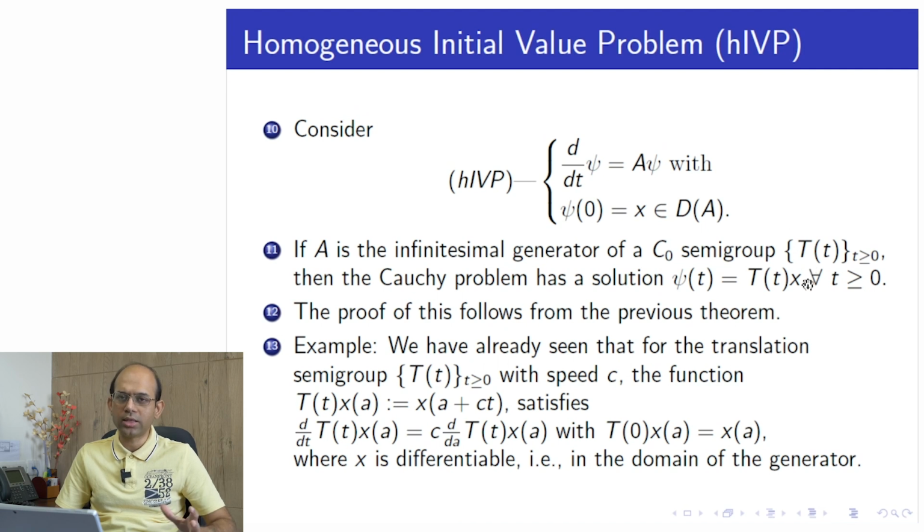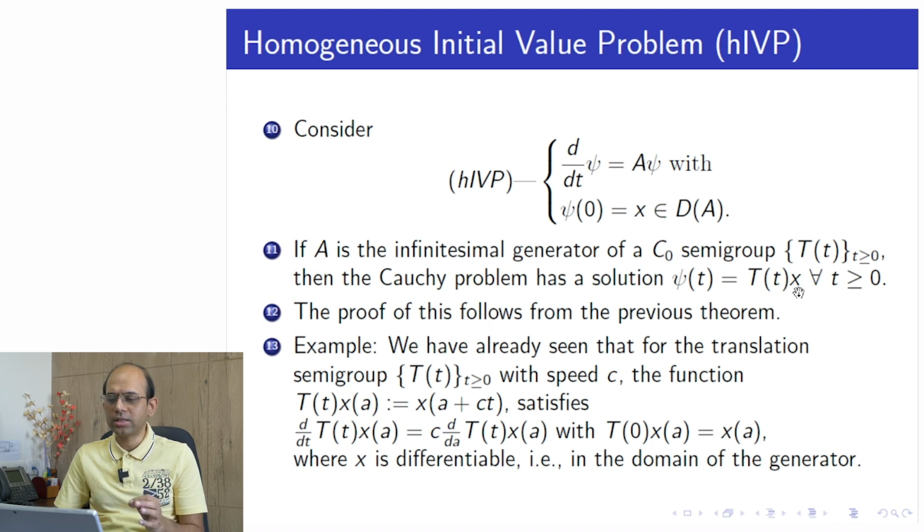We call that type of function a mild solution. Understand? When x is in the domain of A, for those particular initial data, the function Tt x solves the equation classically.